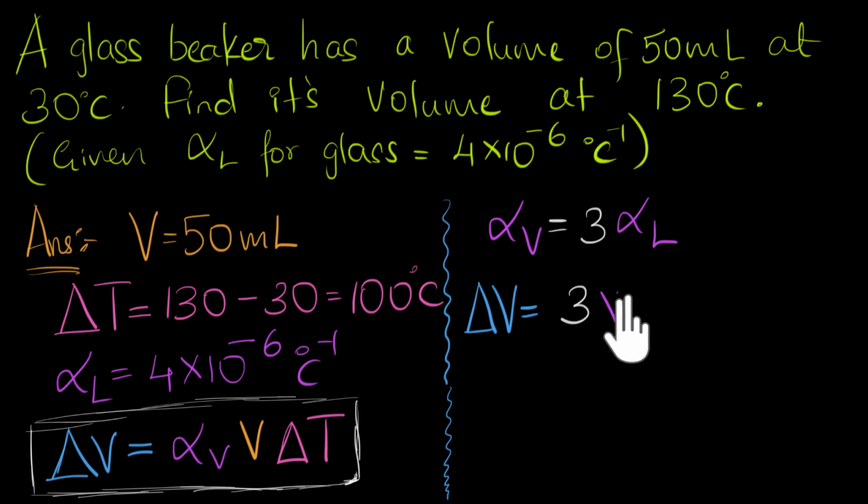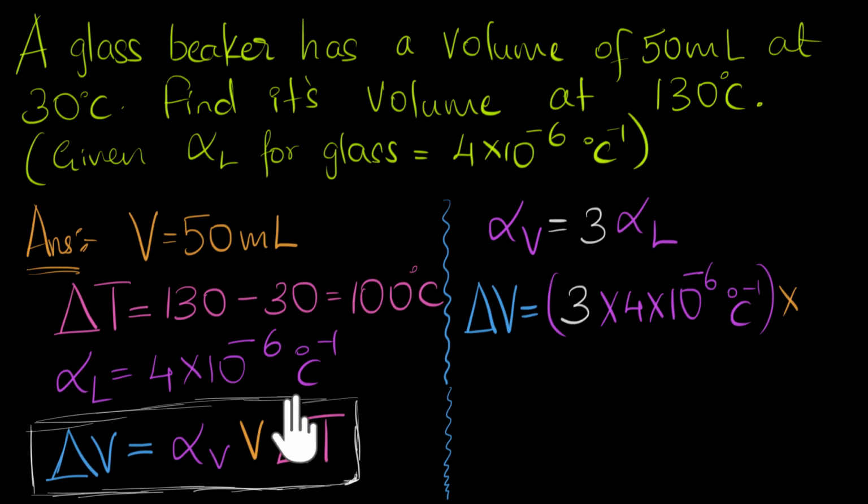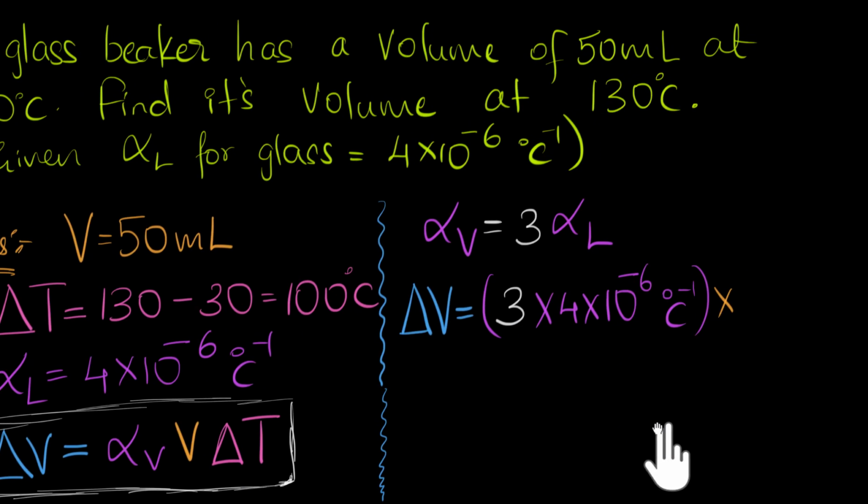That is 4 times 10 to the minus 6 per degree Celsius inverse, times the original volume, that is 50 ml, times delta T, and delta T is 100 degrees Celsius.